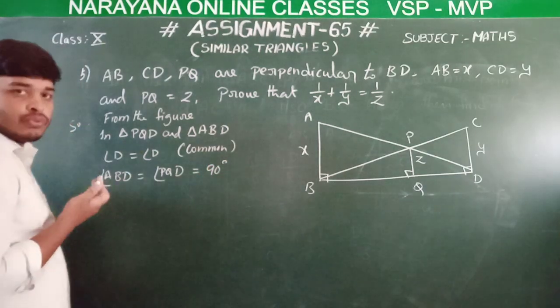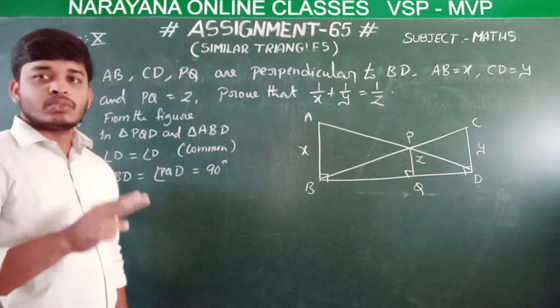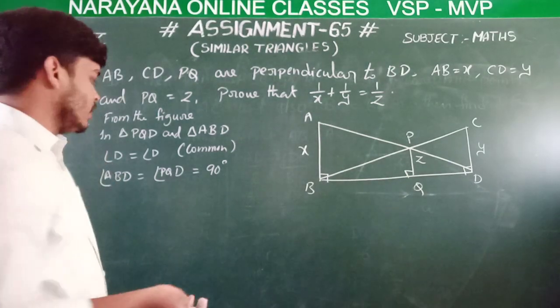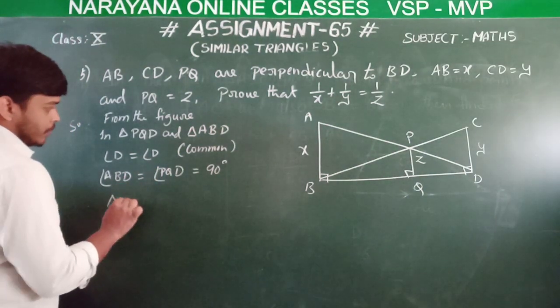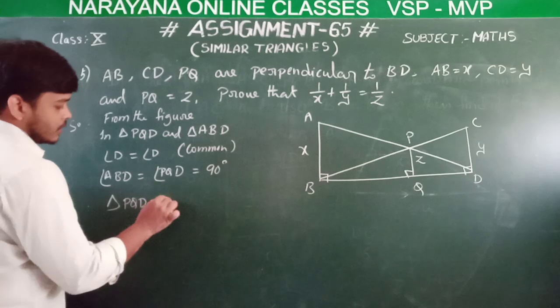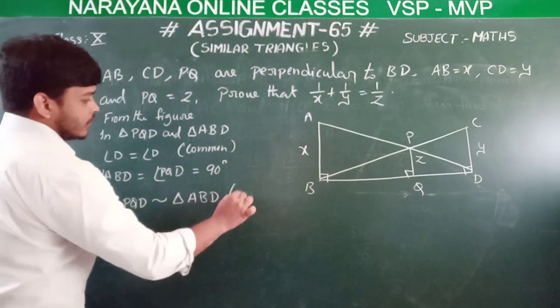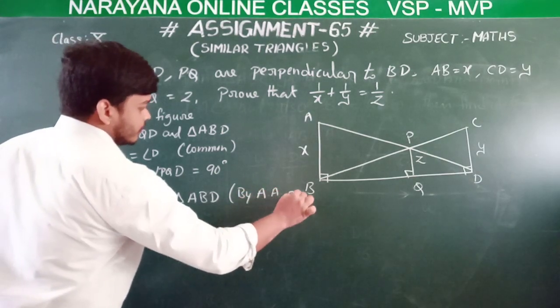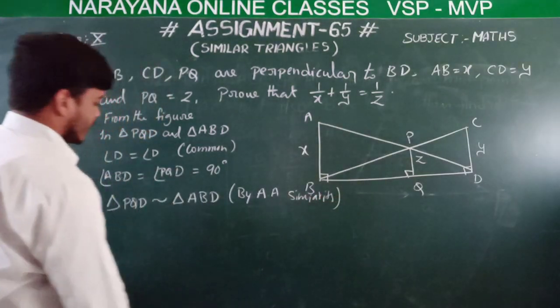So if two angles are equal in two triangles, automatically the third angle is equal, right? Therefore triangle PQD is similar to triangle ABD. By which criterion? By AA similarity.